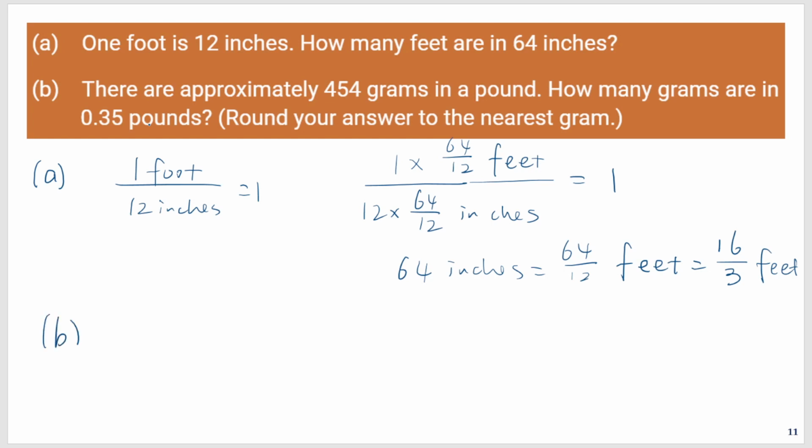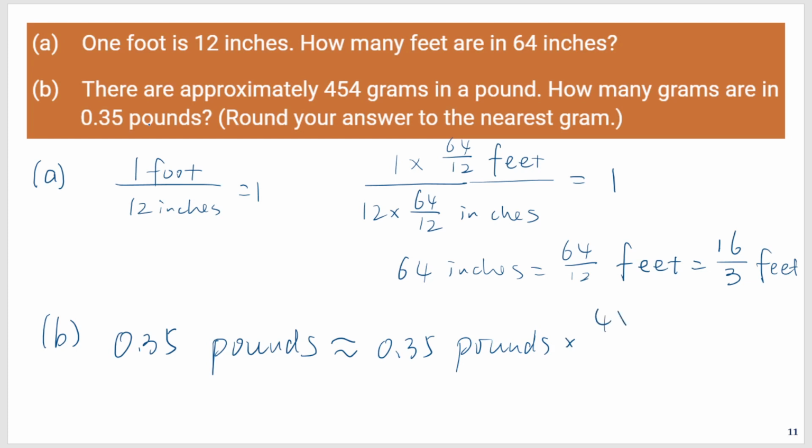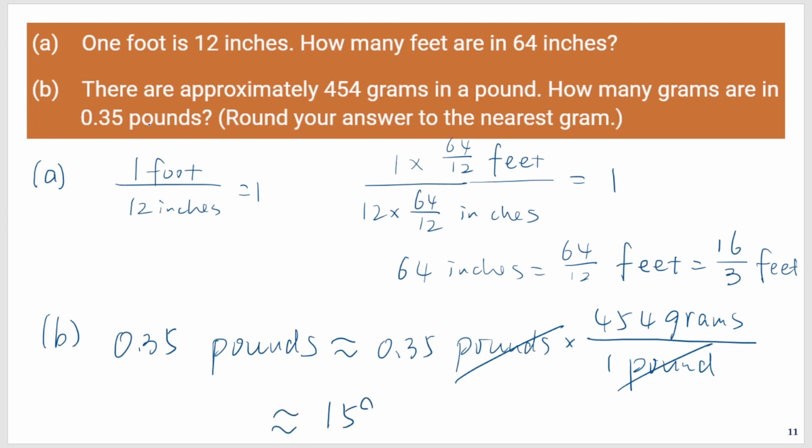Again, we could convert this unit like this. 0.35 pounds is approximately 0.35 pounds times 454 grams in 1 pound, right? So in this way, we could cancel these two units. So that's approximately 159. We only have one unit here, which is grams, right? So in this way, we converted the pounds into grams.